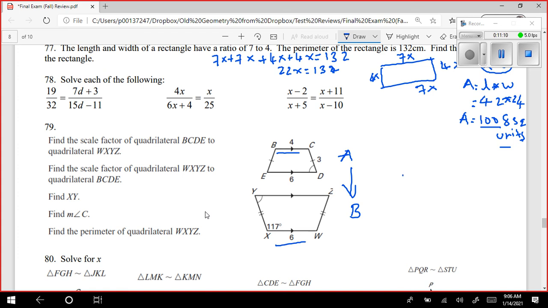So the scale factor for the first one, BCDE to WXYZ, is: you pick up the side on the second quadrilateral, which is XY, and divide by the corresponding side in BCDE. The corresponding side is BC. So that is 6 divided by 4. And that gives us the scale factor for the first one, which is 1.5.